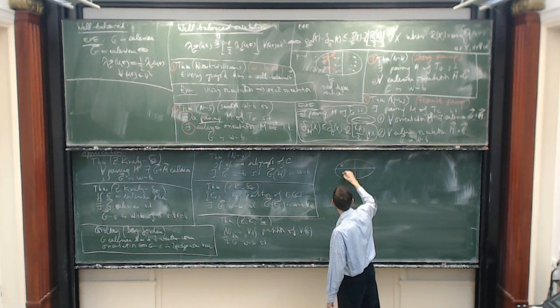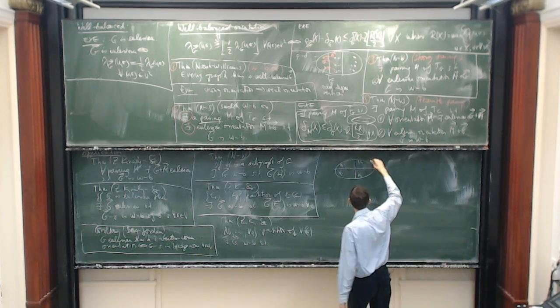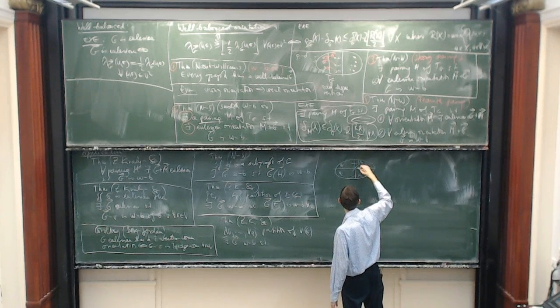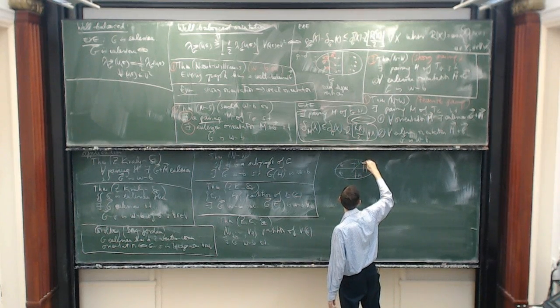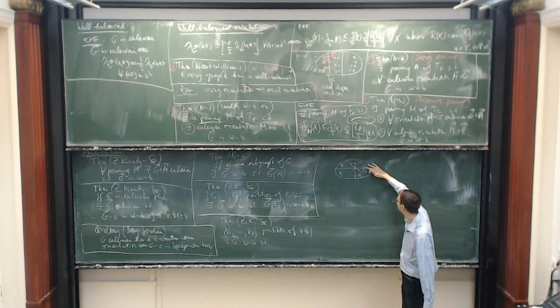So we have something like this: V1, V2, V3, V4, a partition of the vertex set. We have some edges between them, something like this.